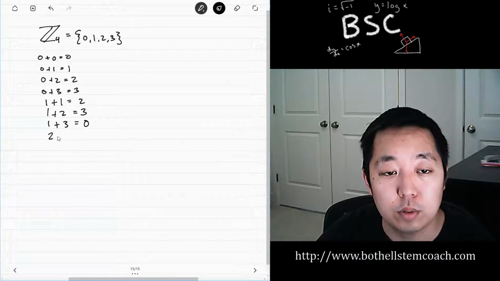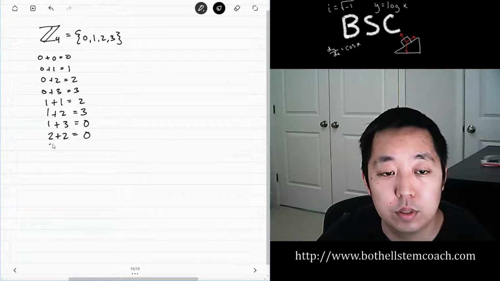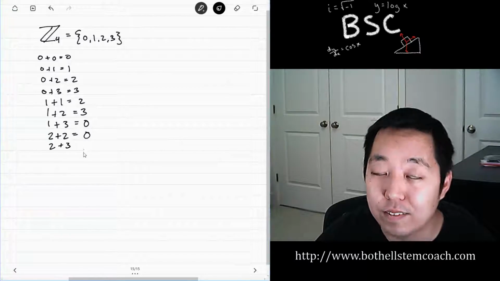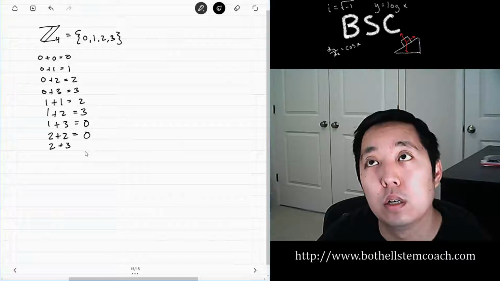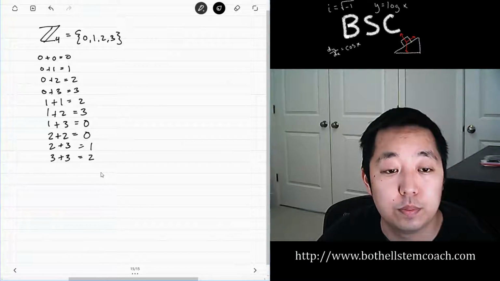Now 2 plus 2 is also 4, modulo 4 is 0. 2 plus 3 is 5 modulo 4, and that would give me 1. And then 3 plus 3 is the last one, and that gives me 2.